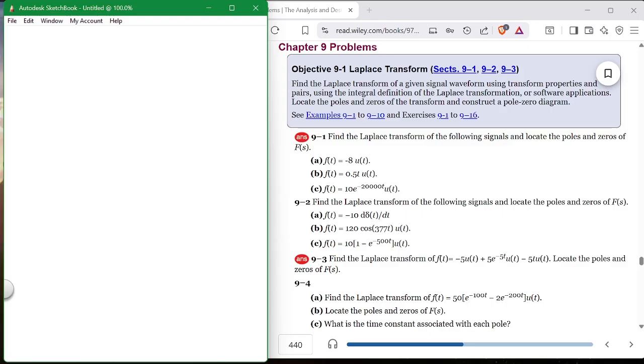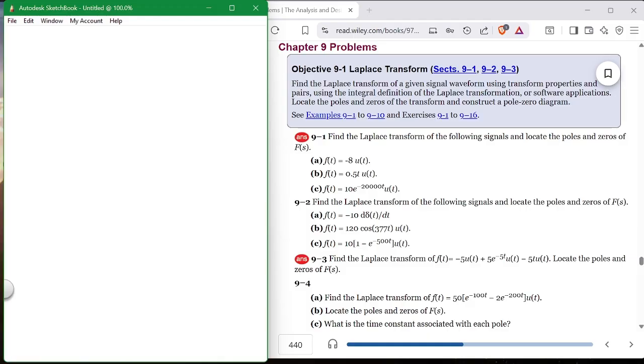What is the Laplace transform of that first one? And let's just, okay, so 9A, 9B, 9C, 9.1A, 9.1B, 9.1C, and then Max, 9.2A, and then, forgot your name.